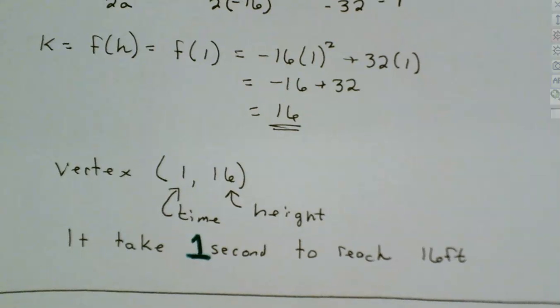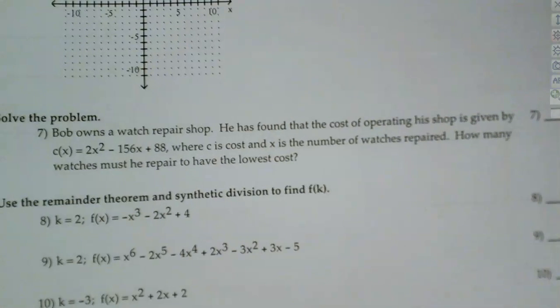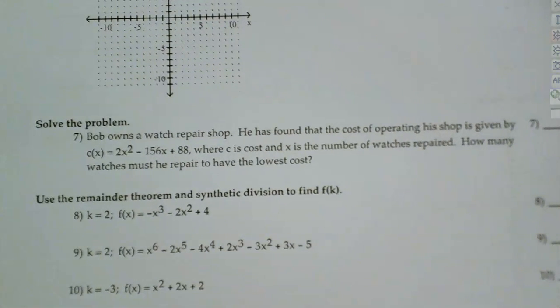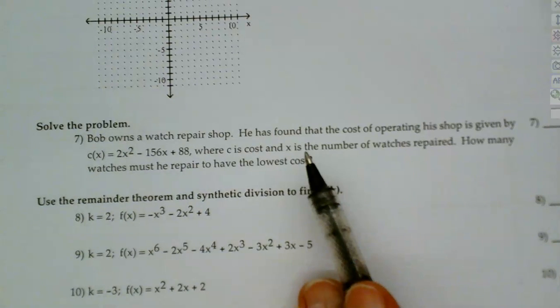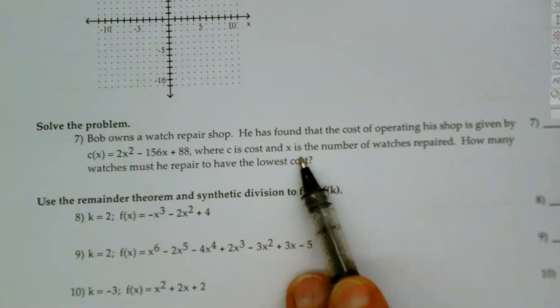Now, the one question that you have in your homework is very, very similar. There's only one of these. And I think it deals with manufactured watches and cost. So if you look at question 7 in your homework, very, very similar. Here's your cost function. You're going to have to find your vertex. Okay? And that vertex is going to be the number of watches repaired.